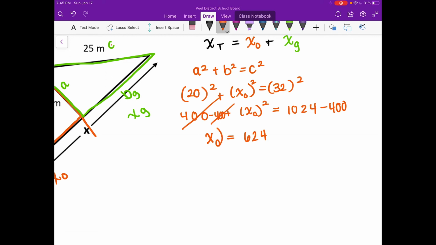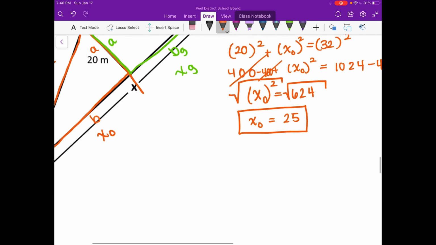This x orange is still squared, so to get rid of that squared, I'm going to square root both sides. So I'm left with x orange equals square root of 624. When I plug that into my calculator, I get 25.